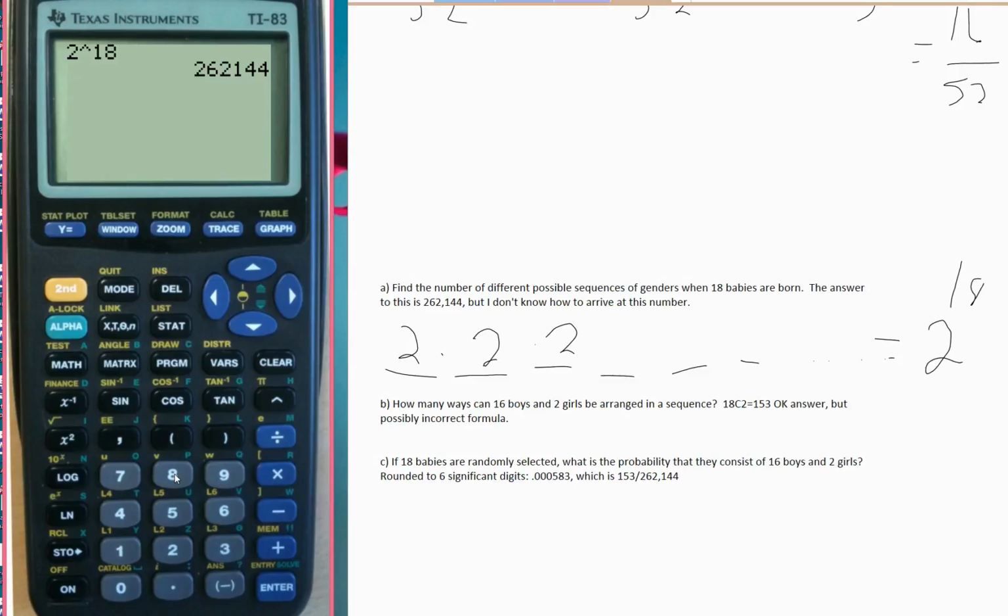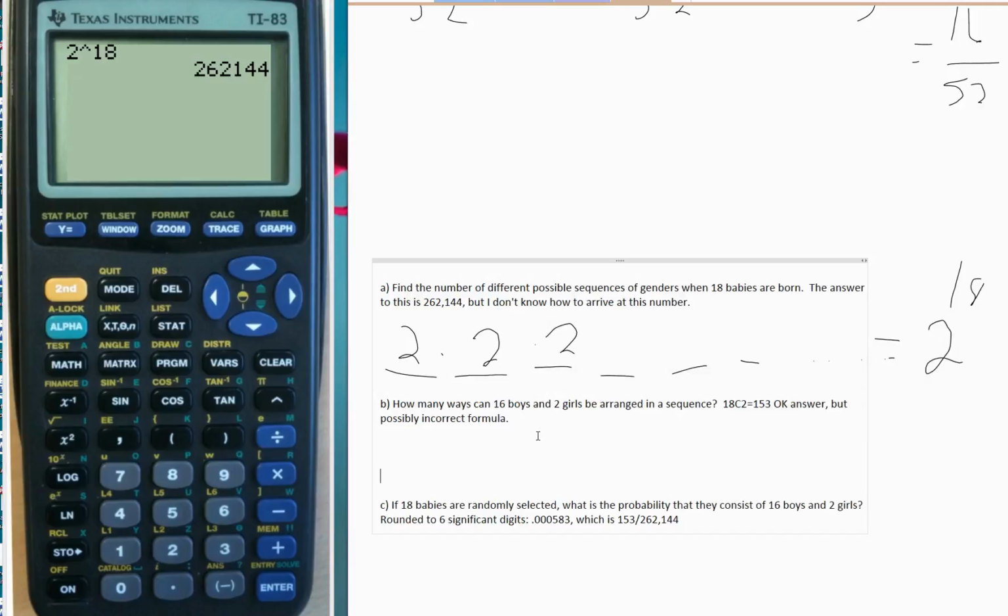Now there's 2 different ways you can think about this. One way that you can think about this is the same way that, in section 4.7, we talked about how to rearrange letters of a word. We would take the total number of letters, factorial, divided by how many times you were repeating any of the letters.